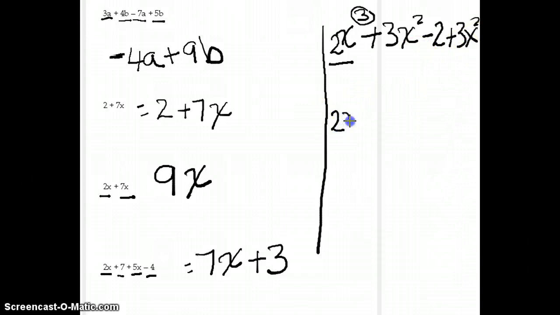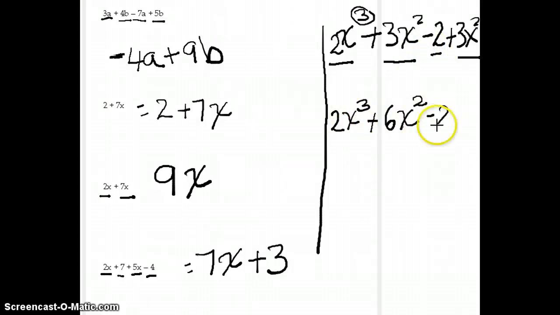No. So I rewrite it. 3x squared looks like the next biggest one. Are there any other x squareds here? Well, it looks like there's another x squared there. So 3x squared plus 3x squared. How many x squareds do I have? Well, I had 3, and I had 3 more, so now I have 6x squared. This is just telling me how many of this quantity I have. The only thing I have left now is negative 2.